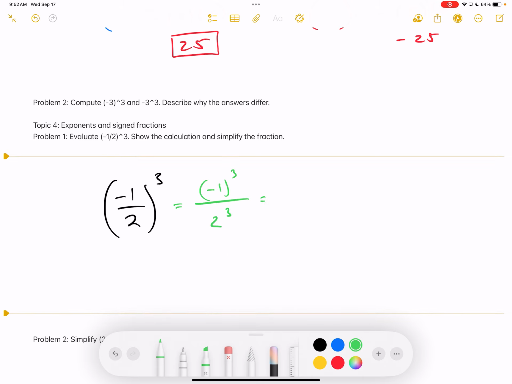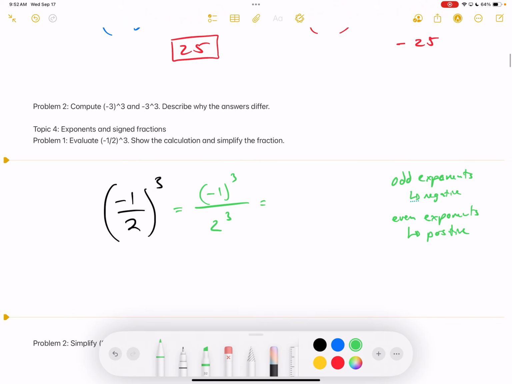If you are taking a negative number to an odd exponent, the answer will be negative. An odd amount of negatives make a negative, an even amount of negatives make a positive. So negative 1 cubed is negative 1, and 2 cubed would be 8. Okay.